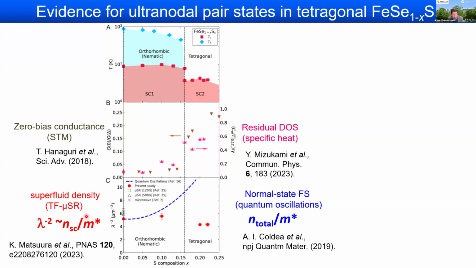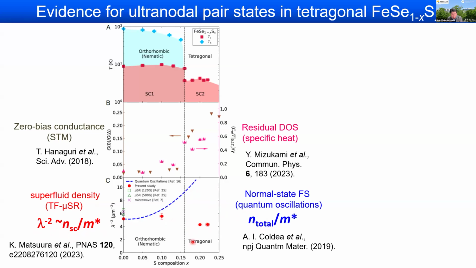We also measure the transverse μSR, from which we determine the superfluid density, which is 1 over penetration depth squared, which we plot as the red points. This 1 over lambda squared is proportional to the superconducting carrier density, which can be compared with the normal state Fermi surface properties, which can be estimated from the quantum oscillation results, shown by this blue line.